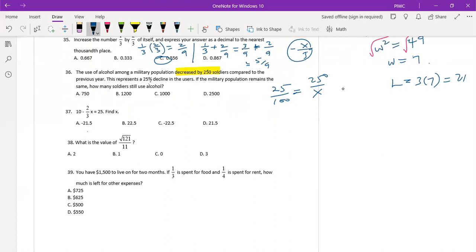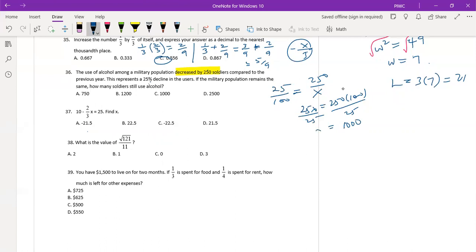So when we do this, we'll end up with 25x is equal to 250 times 100, divided by 25. So that will give us 1,000.